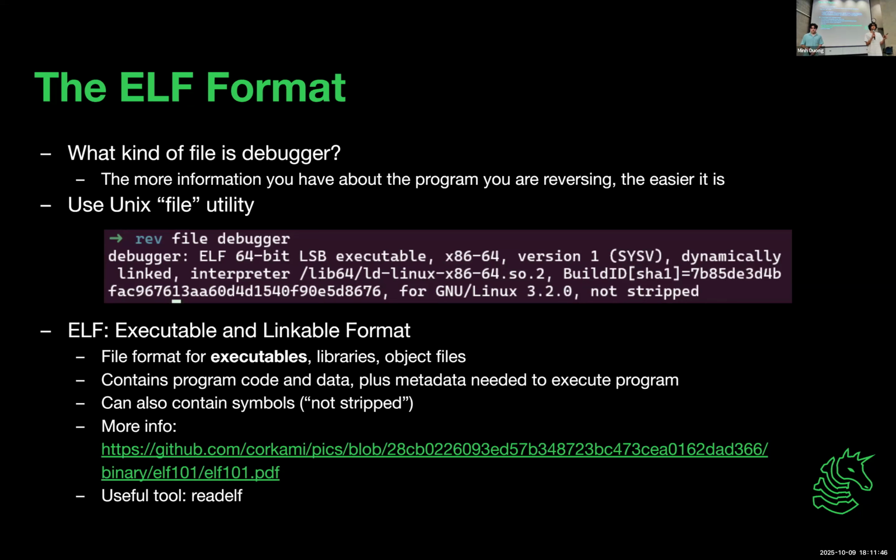It can also contain the symbols that I was talking about earlier, the symbols in your assembly file. If you'd like more info about this, when we upload the slides, you can click on that link and check out that GitHub. And a useful tool to use when you're working with ELF files, or an executable in that format, is readelf.